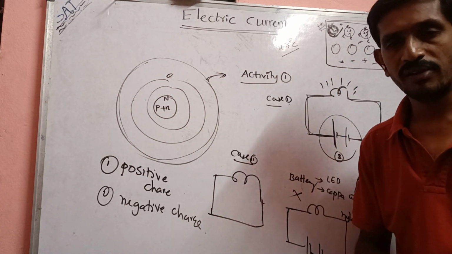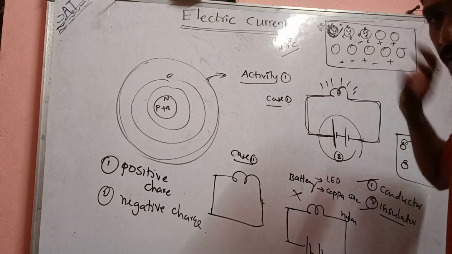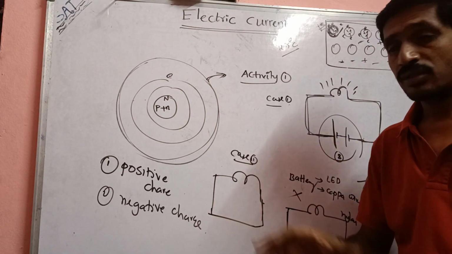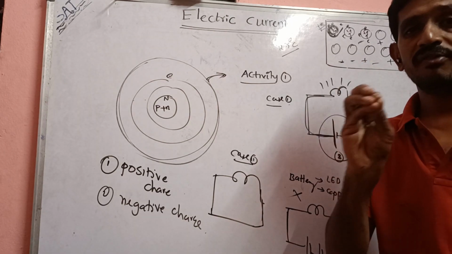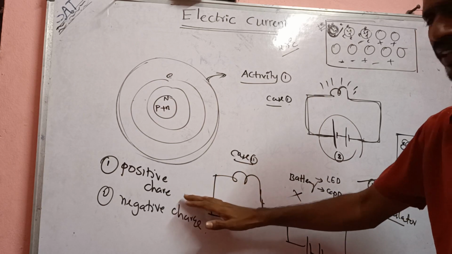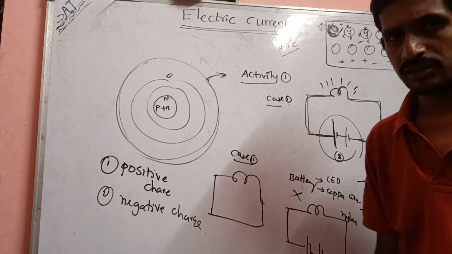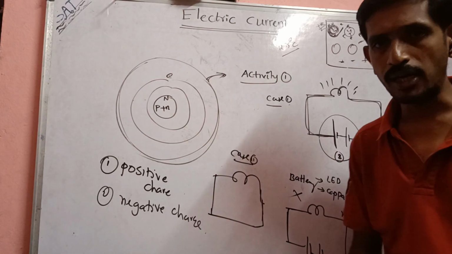Here the electrons are moving in the conductor. So electric current is only due to the flow of electrons. We'll discuss everything in detail in the coming classes. I hope you understood what the positive charge and negative charge are.